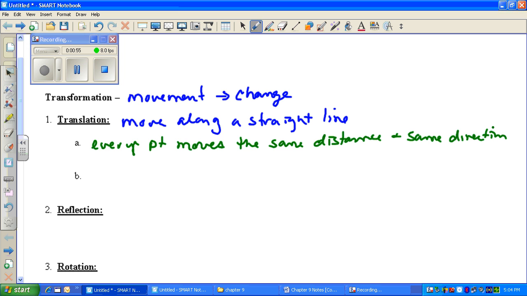For example, if I have a point and I label that point arbitrarily x comma y, and I move it, both x and y are going to change. Here, x is going to move 1 and y is going to move 4. So it involves an angle and a distance.